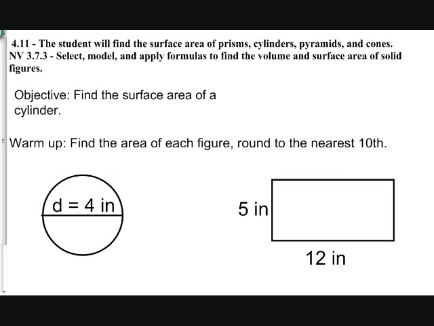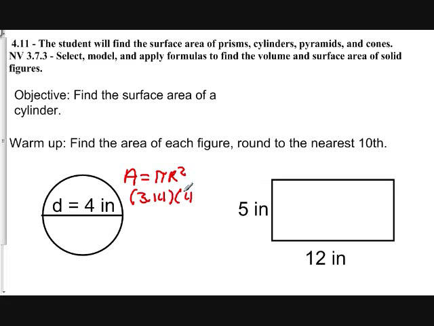So the area of the circle then is pi r squared. And in this course we use 3.14 as the value for pi, and we're going to multiply that by r squared, which is 4.